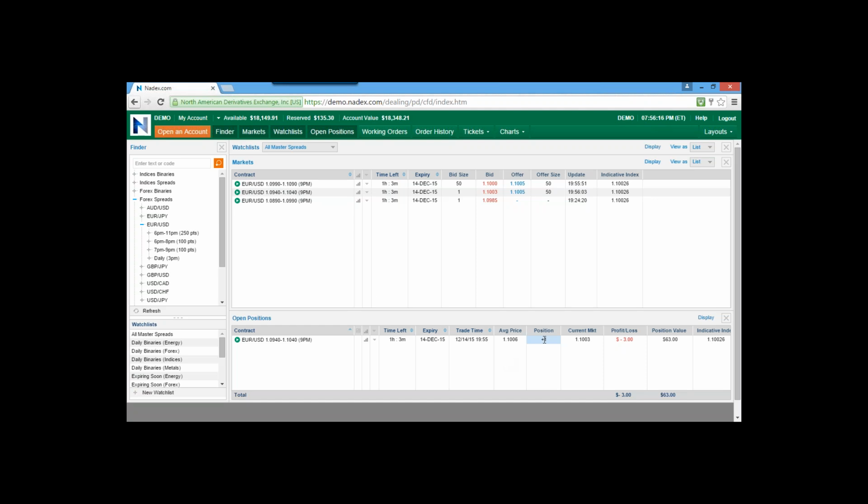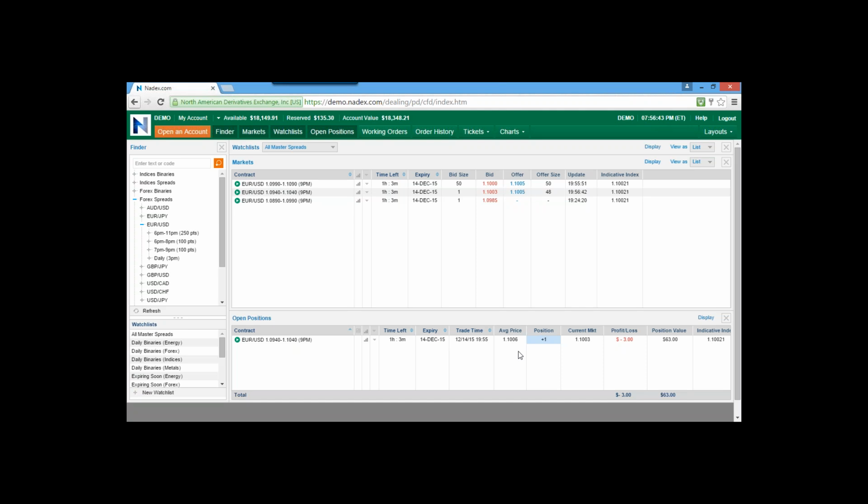So let's say I have to walk away, right? Okay. Well, let's say I'd like to make 20 bucks on this spread. Well, if I bought it for 1006, if I want to make 20 bucks, that means I have to sell it for what? 1026.